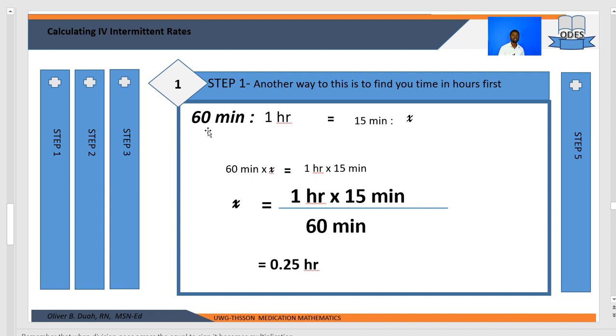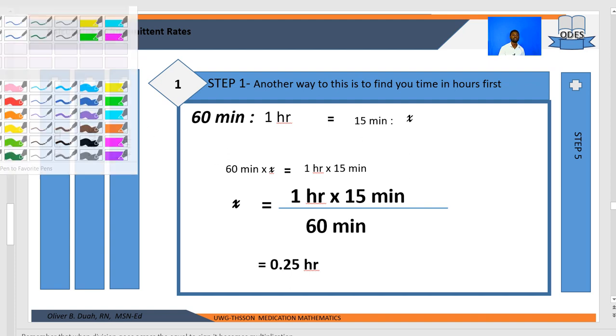We are going to multiply the outer figures and then the inner figures. And so 60x is equal to 1 hour times 15 minutes. And to find x, we divide each side by 60 minutes. And we will get 1 hour times 15 minutes all over 60 minutes.